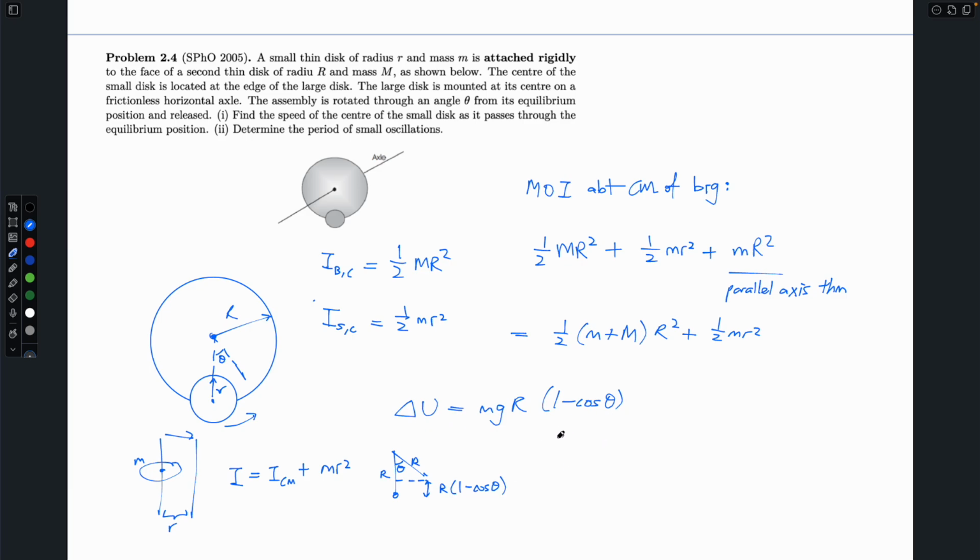And then we know that by conservation of energy, change in potential energy must be change in kinetic energy. This must be half times I, so I'll do I effective over here, omega squared. So I'll just write it as theta dot squared, where this is I effective.